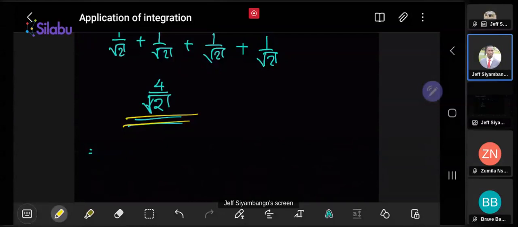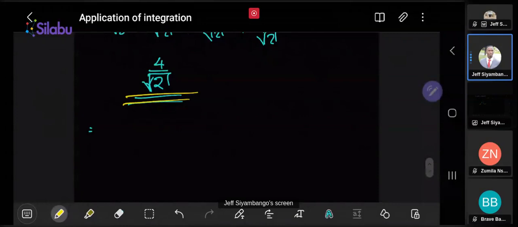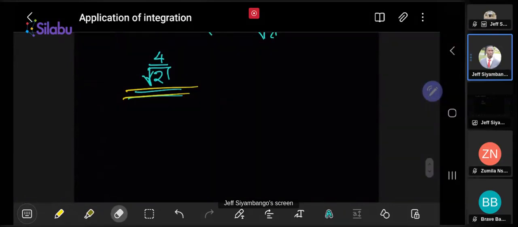Now, there are a number of questions that we can do, but I think what we have done so far generalizes the concept of area and how to actually work with it. So next up, we now want to start looking at volumes, volumes of revolution and how to actually determine them.